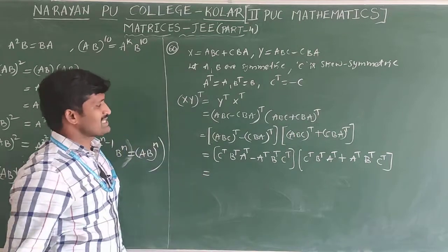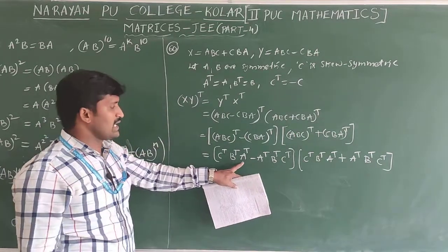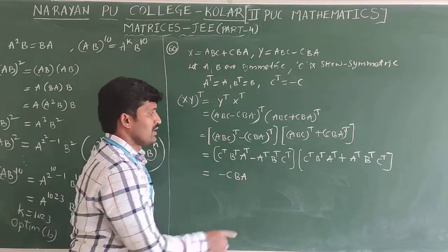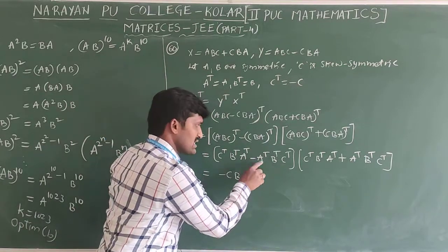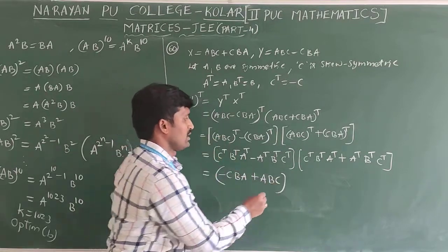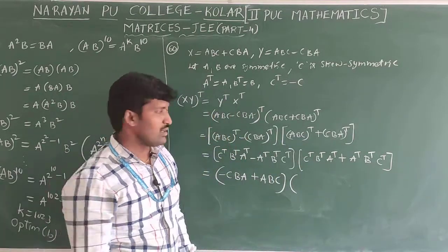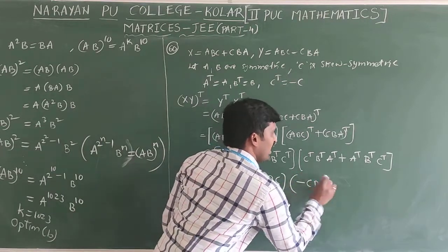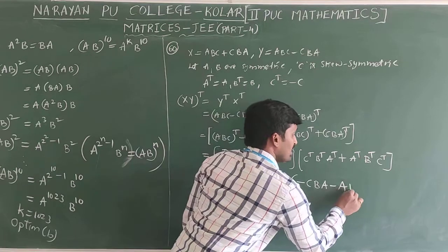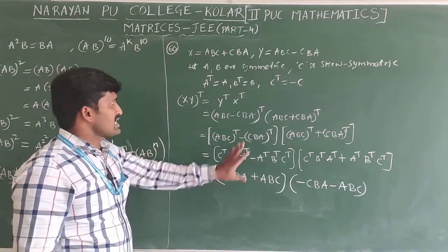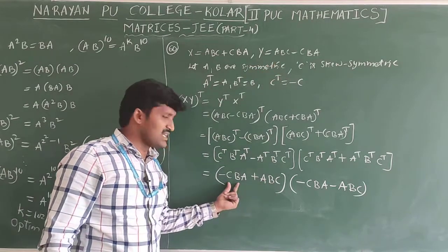C transpose is minus C, B transpose is B only, A transpose is A. That's why this is minus CBA. Here also it becomes minus only, minus of minus plus ABC. Next here minus CBA. Here also what will we get? Minus ABC. Now actually Y is as is there, ABC minus CBA.